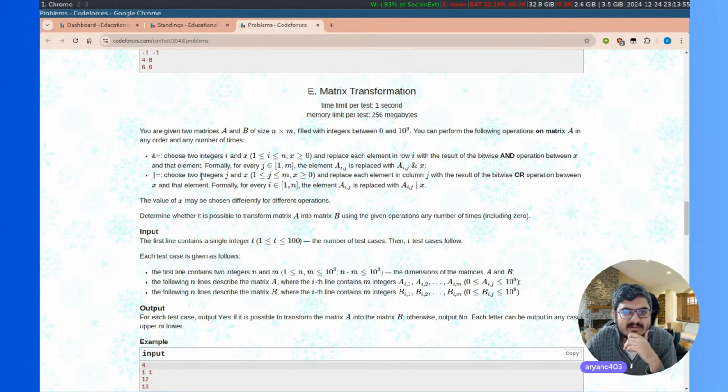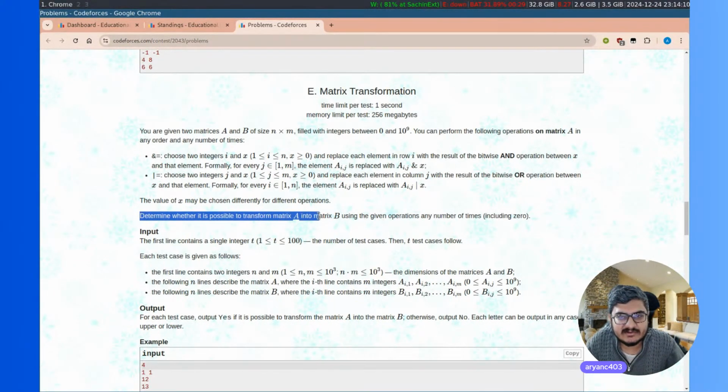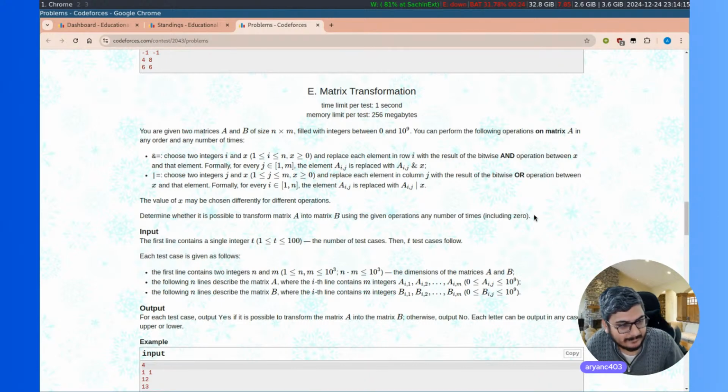OR operation: choose two integers j and x and replace every element in column j with the result of bitwise OR operation between x and that element. Formally, you set this value. A different value of x can be chosen for different operations. Determine whether it is possible to transform matrix A into B using the given operations any number of times, including 0.